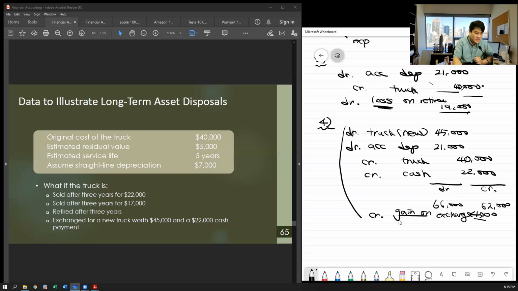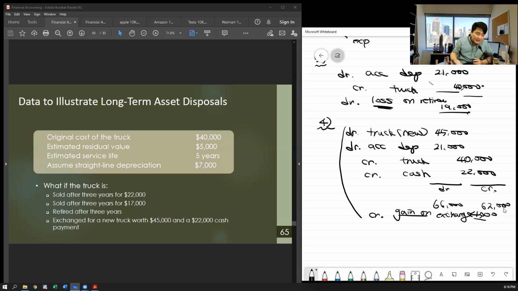Any questions on this? Why is there a gain? So basically, it's like going backwards. On the debit side, we have a total of 66,000. On the credit side, we have a total of 62,000. So they do not balance out.